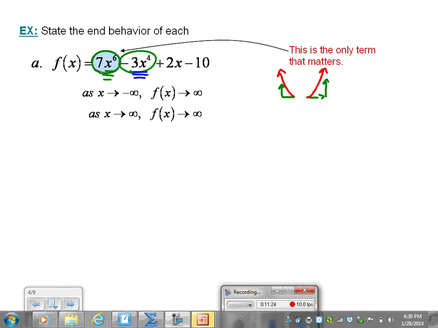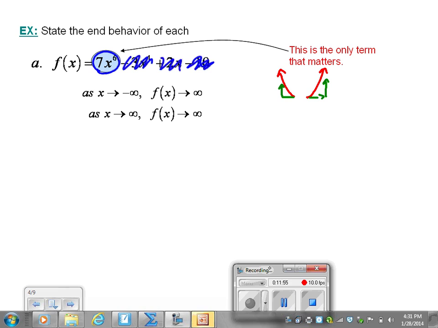So the x to the 6th is really going to destroy all these other terms in the long run when x goes out to infinity. When we're close to smaller numbers like 10 and 100 and 0 and -5, the other terms are important, but in the long run only that leading term is going to be of any consequence to us.